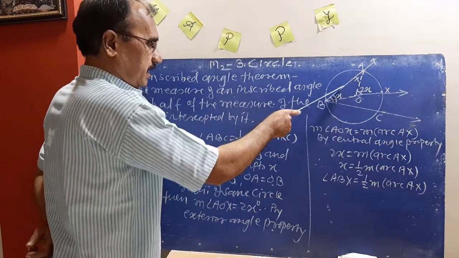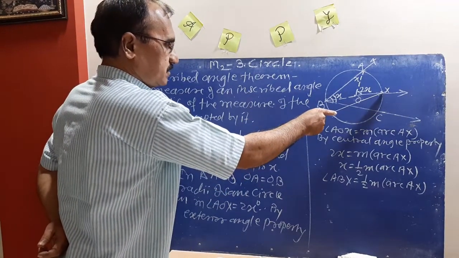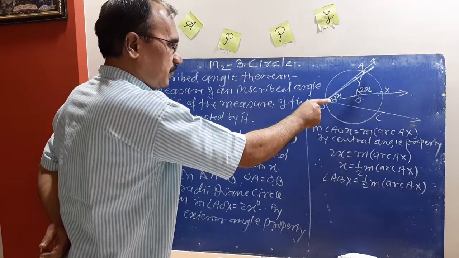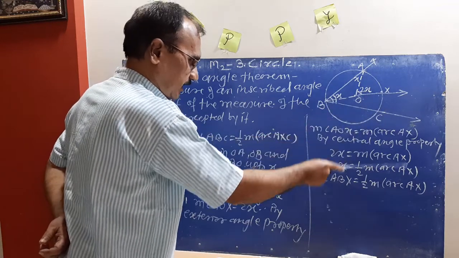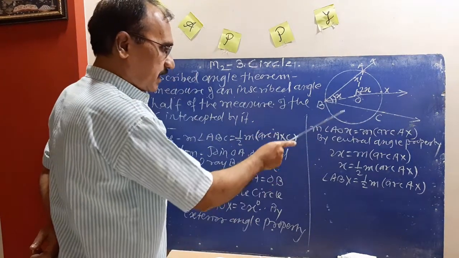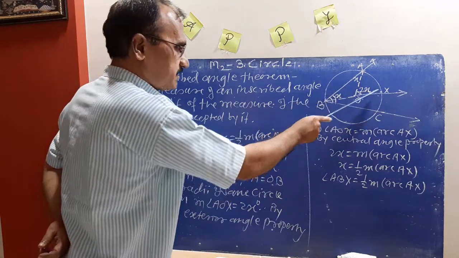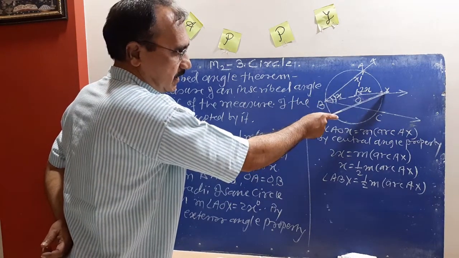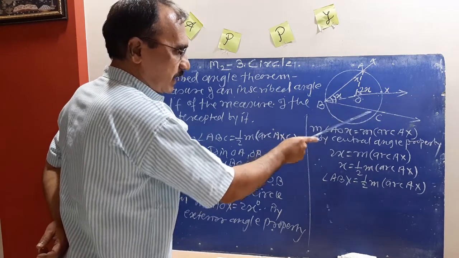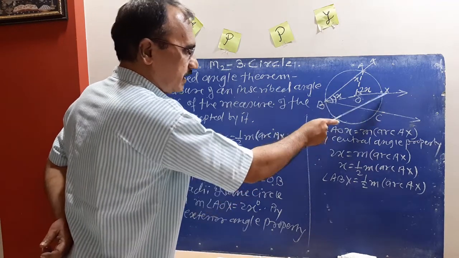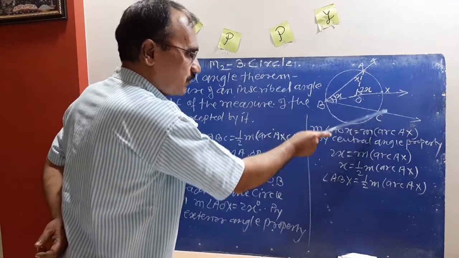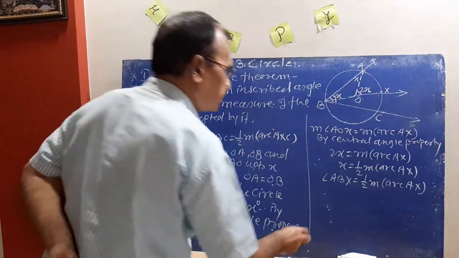We have to prove this here. Similarly, we can prove this also. Here we have to prove angle ABX is equal to 1/2 measure arc AX. Similarly, we can prove angle CBX is equal to 1/2 measure arc XC.